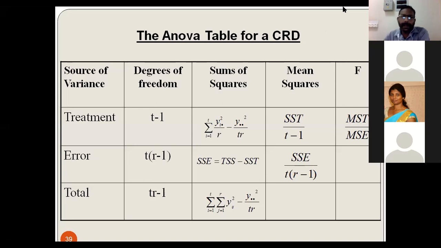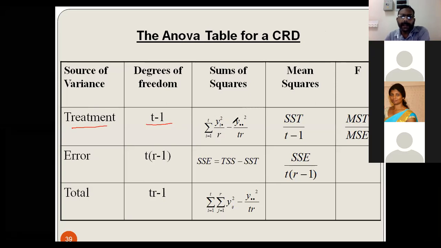Now we have, you see, the first component is treatment, t minus 1 degrees of freedom. Now you understand, right? We can put summation or we can put the y dot dot, doesn't matter. So this is a general summation, coming for everything. Summation, look at this first component, right?